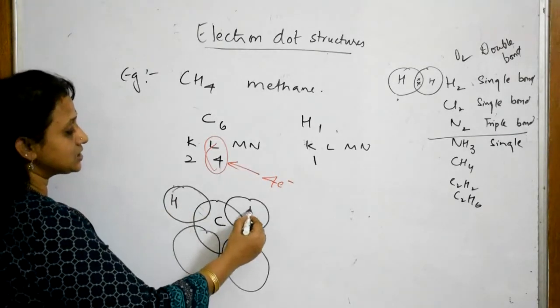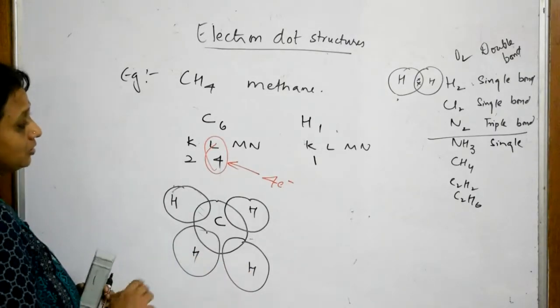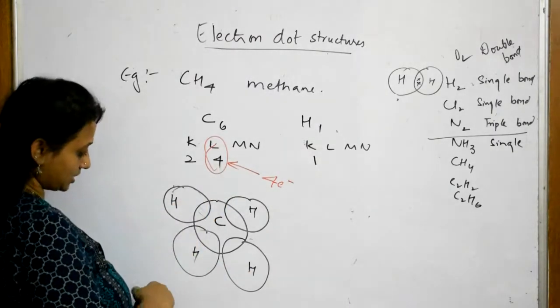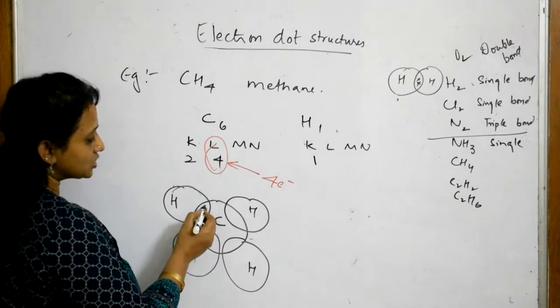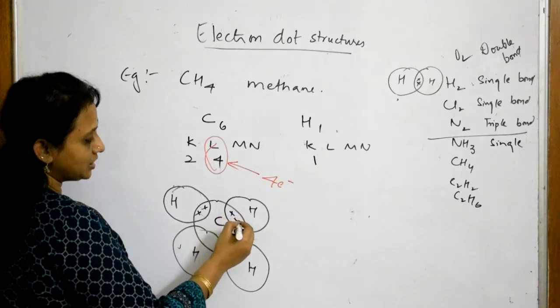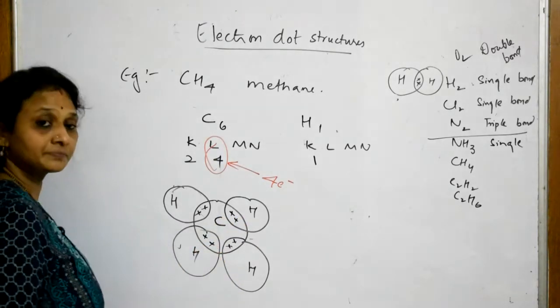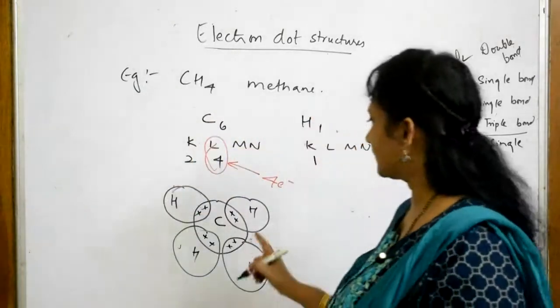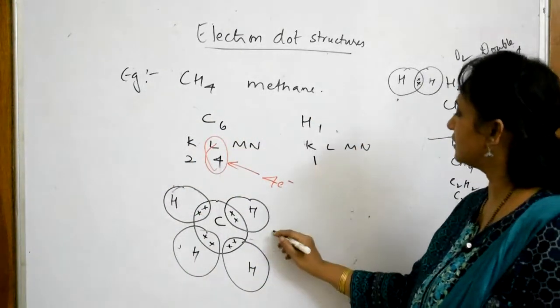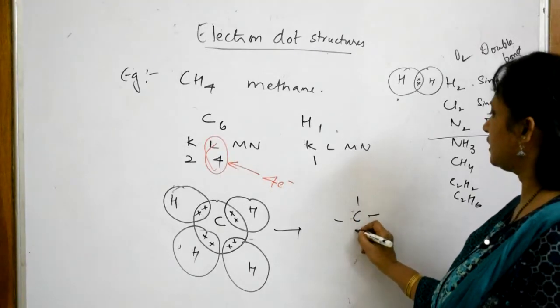H, H, H, H. Now, 4 are there here, no? So what it does? This carbon shares 1, hydrogen also shares 1. Same story here also, same story here, same story here. Correct? Right. Now, if I have to write how many single bonds? CH4, 1, 2, 3, 4.